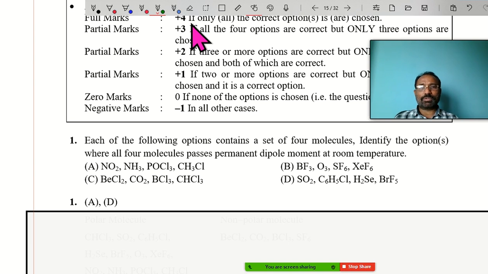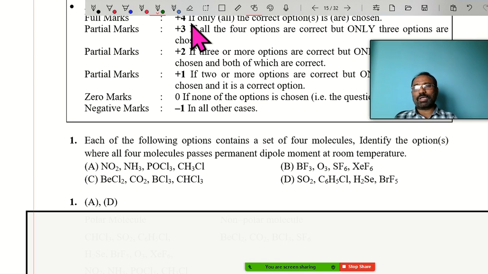Molecules which do not have a symmetric structure and have a polar nature show the dipole moment. The molecules which have a symmetric structure do not show the dipole moment. Now you observe option A.